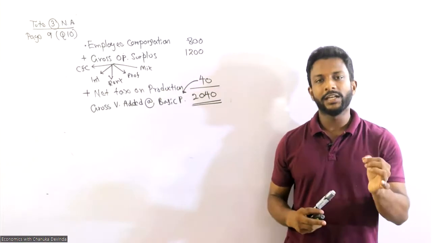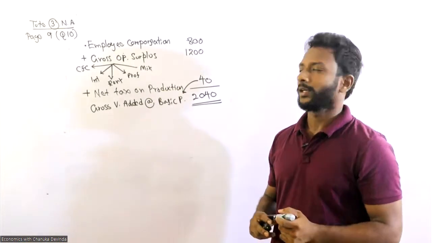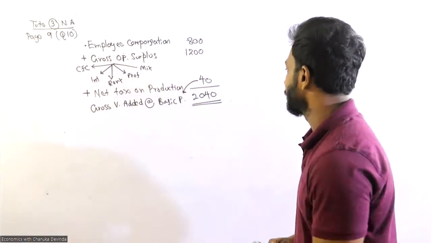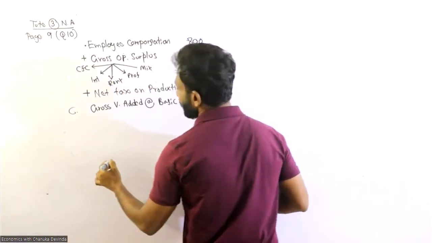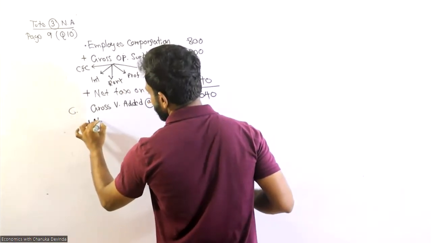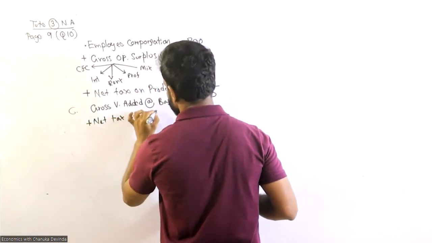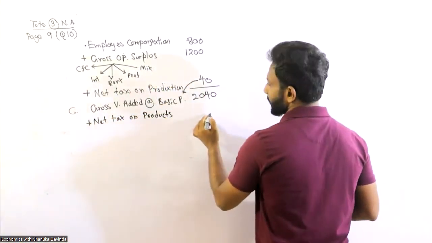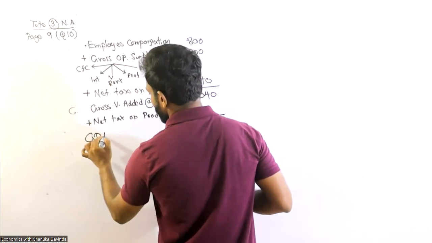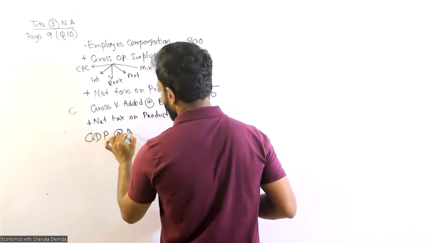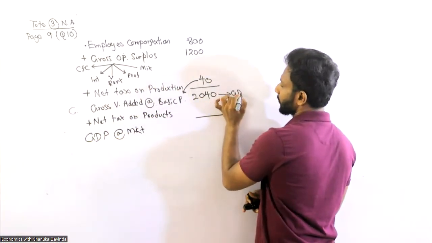GDP. GDP can be found by adjusting one line item to the gross value added, right? So this is C. When we add net tax on products, it is GDP. GDP, you know, should be at market price. So this is actually GDP at base price.